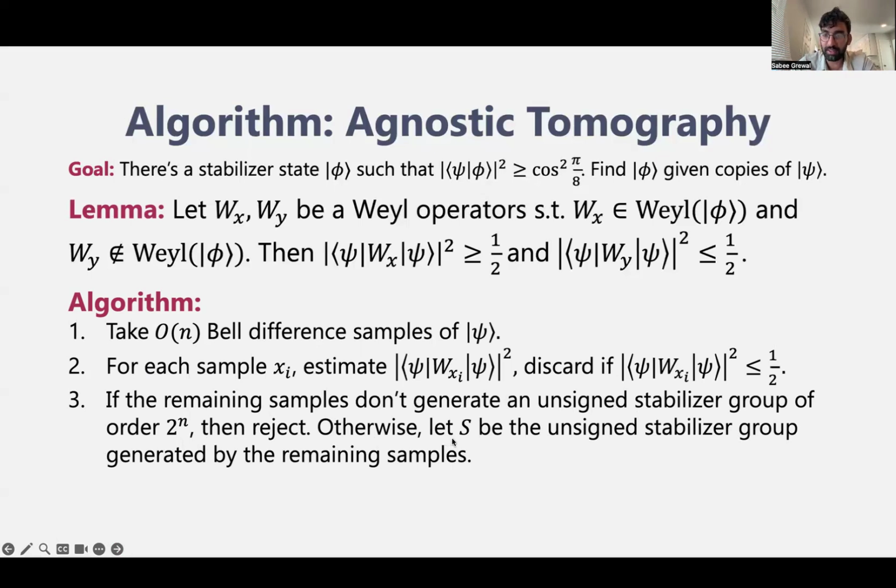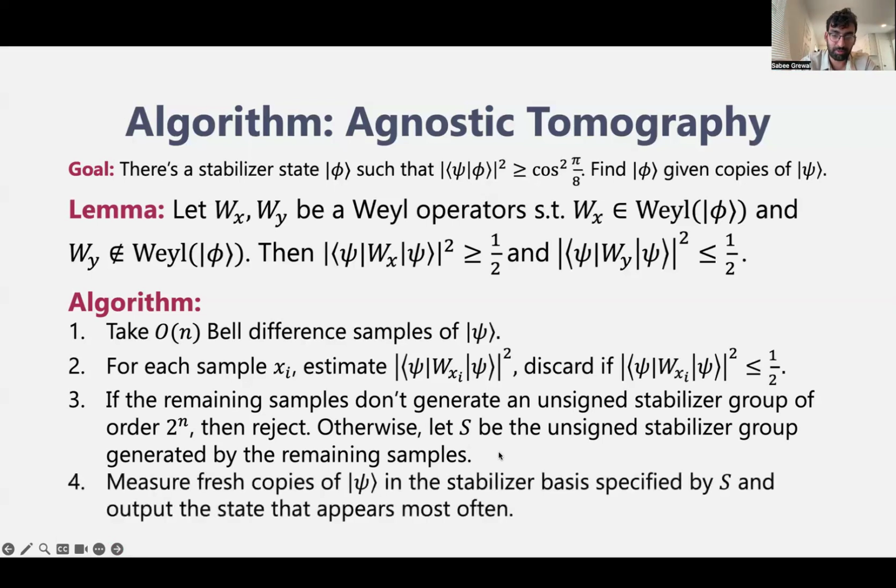Otherwise, we do have an unsigned stabilizer group of order 2 to the n. Again, this is specifying an orthonormal basis of stabilizer states. And we'll call this unsigned stabilizer group S. So in the last step, we'll just take fresh copies of psi and measure it in this basis specified by S, and we'll output the state that appears most often.